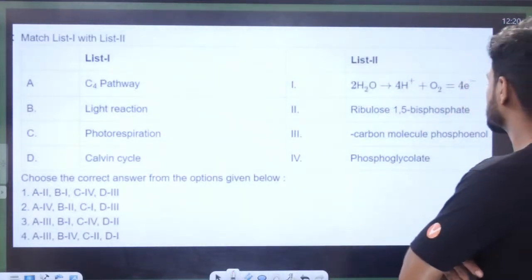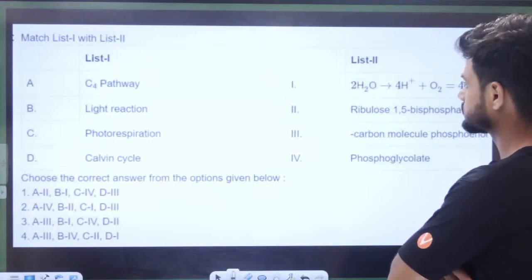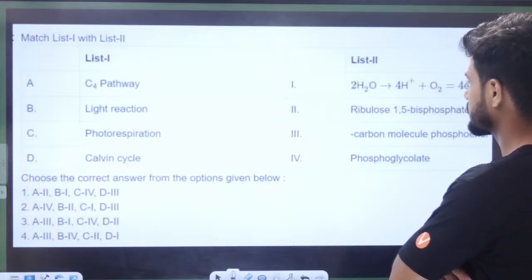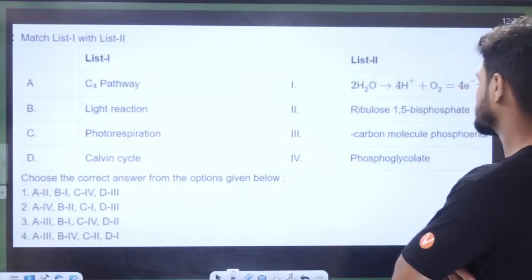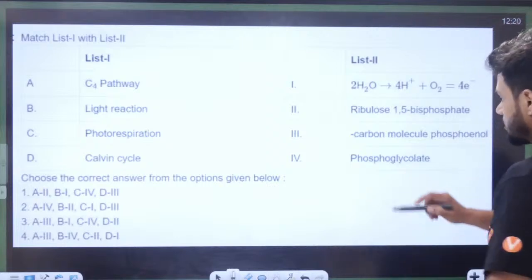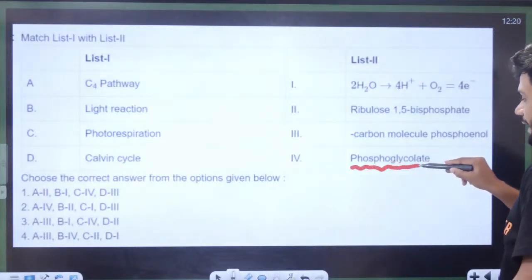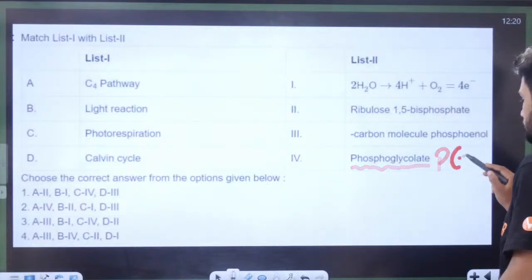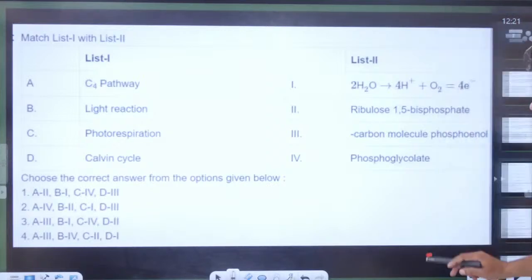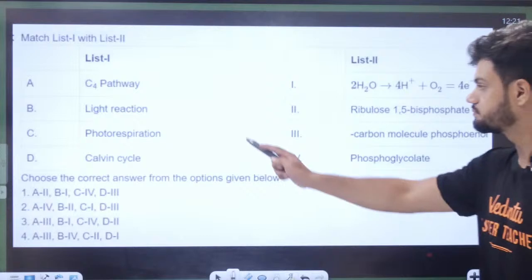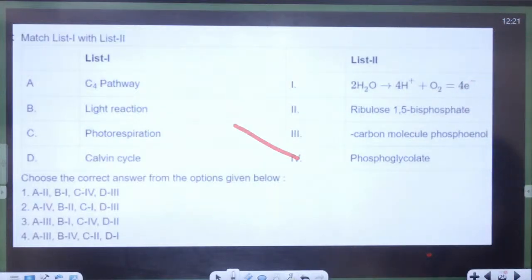C4 pathway, light reaction, photorespiration, and Calvin cycle. Do you all remember studying phosphoglycolate, the PG, somewhere? In photorespiration. So C is going to be 4.